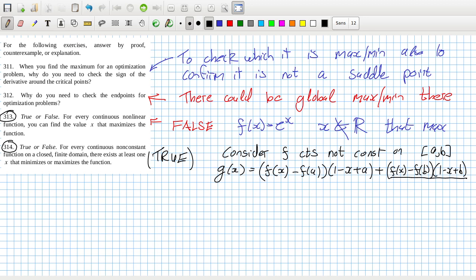How about if I just put this over 1 minus a plus b, so they'll cancel, and I'll be left with f(a) minus f(b). And then here, when x is b, no, that's not going to work. No, okay, let me pause the video and think about this a little bit more.